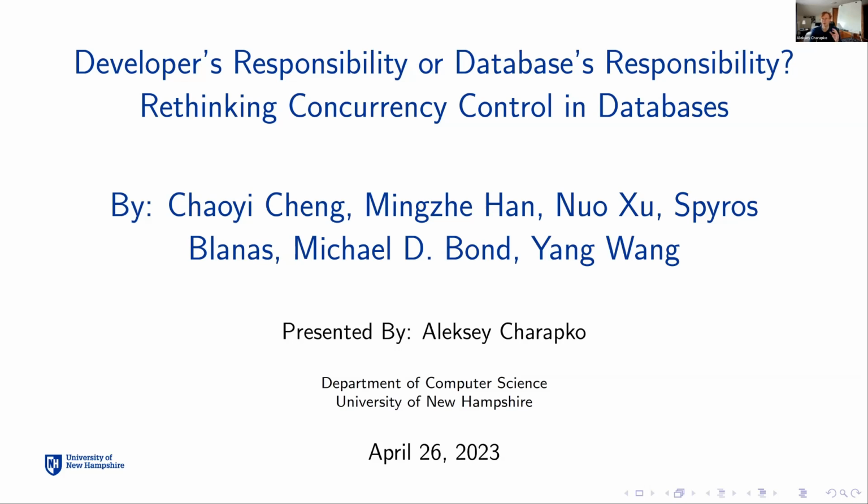Then they looked at the impact of the bug, the root cause, and the mitigation, and in the later part of the paper, they discuss how we can improve this situation going forward.